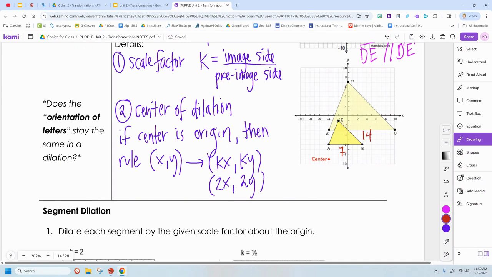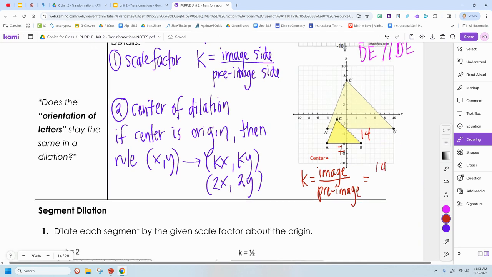So then if I use this formula where K is equal to image over pre-image, I can now see that once again, 14 divided by 7, this scale factor is 2.